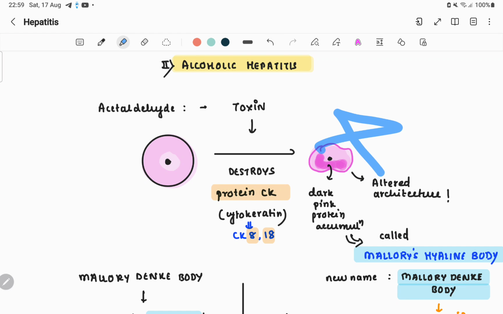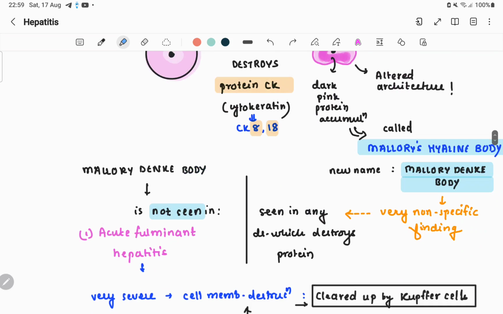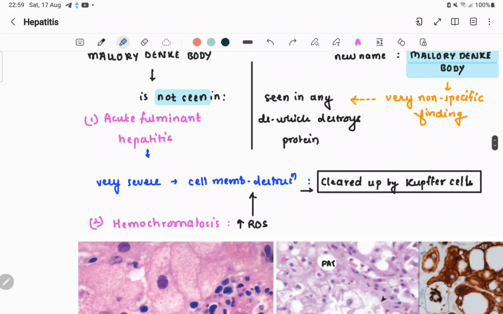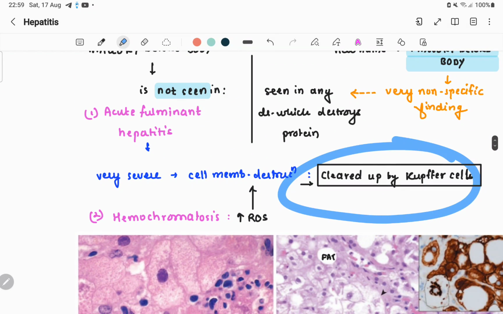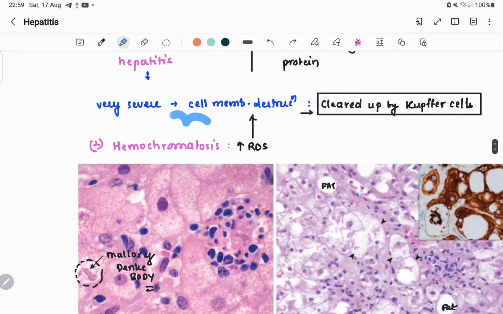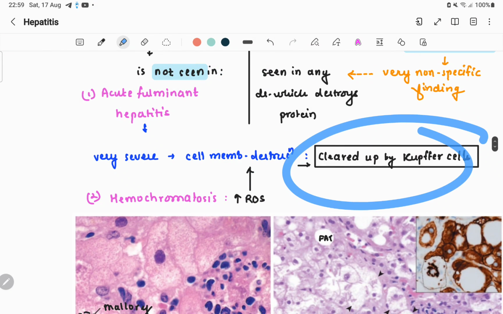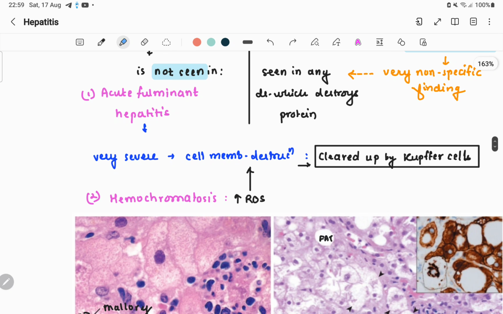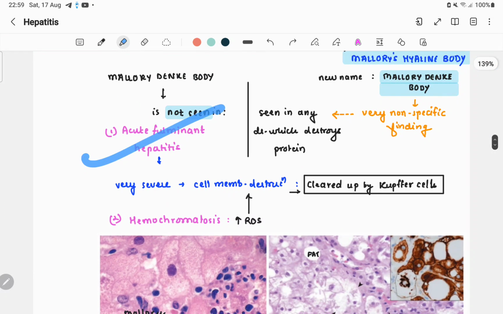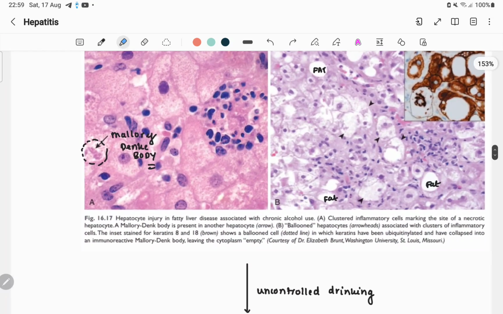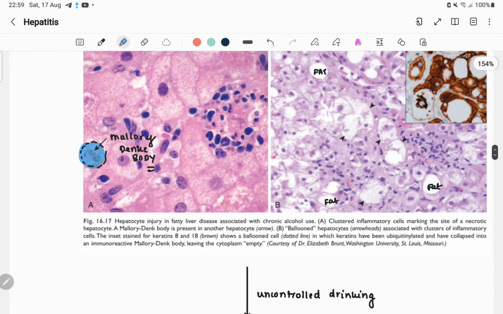The cell membrane is broken and it is cleared off by phagocytic cells, the reticuloendothelial system of the liver, that is the Kupffer cells, right? And also in hemochromatosis, ROS production increases, and due to this it will also destroy the cell membrane and it will be cleared by Kupffer cells. So in these two conditions, the Mallory-Denke body is not seen: acute fulminant hepatitis and hemochromatosis. So you can see here, this is a Mallory-Denke body here. Look at this.